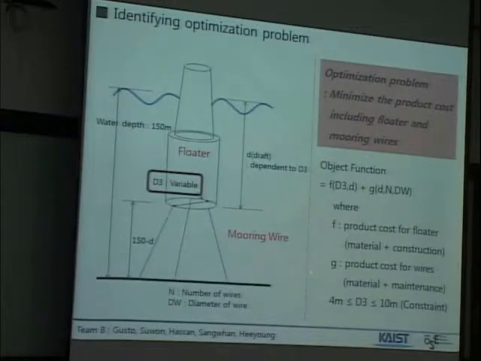And also, we have to consider the product cost for the wire, including material cost and maintenance cost, because we have to change the wire after 25 years. And this is the objective function for our team project 2.